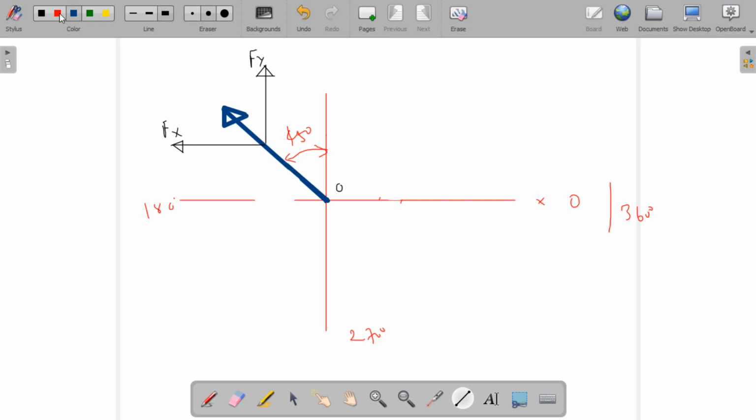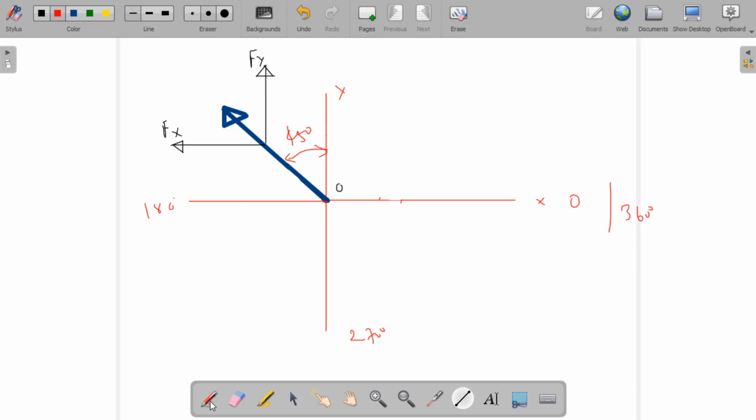Now suppose this is the condition we have. Now angle is, I have taken with y axis. Okay, this is the y axis. Now this force is making angle with y axis, that is 45 degree.